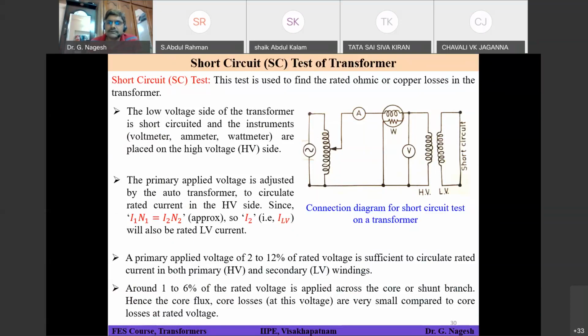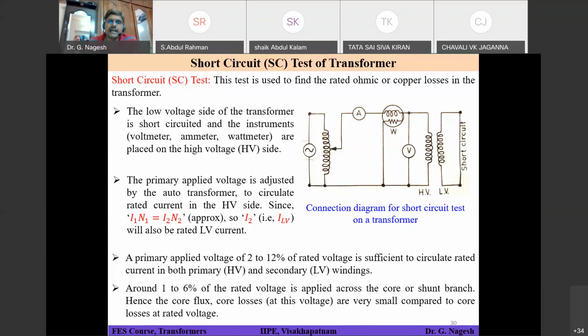Let's say R_E1. We have already seen what R_E1 is. R_E1 is the equivalent resistance referred to the primary side; 1 indicates primary. So R_E1 is nothing but R1 plus R2 dash, the equivalent resistance referred to one particular side.